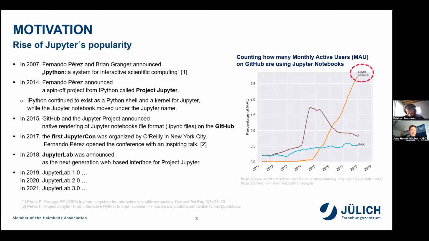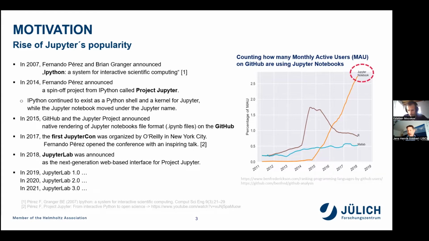And here I put the year 2015, when GitHub also decided that they can render these Jupyter Notebook files to show the result right in the browser. That, I think, is also something which shows that it became more and more popular to use it.